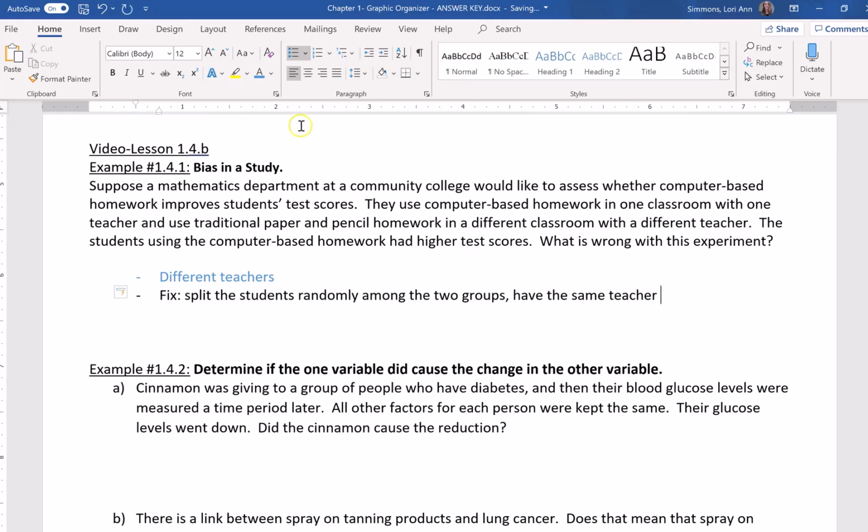This way, the only difference that's happening is the thing that we want to test, which is, will they do better on computer-based or traditional? So there still will be variability among these students, but by utilizing the same teacher and randomly assigning them to groups, this is going to reduce any confounding variables that might occur.